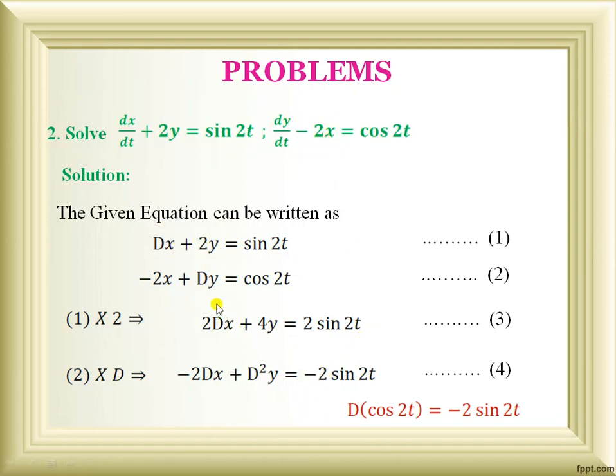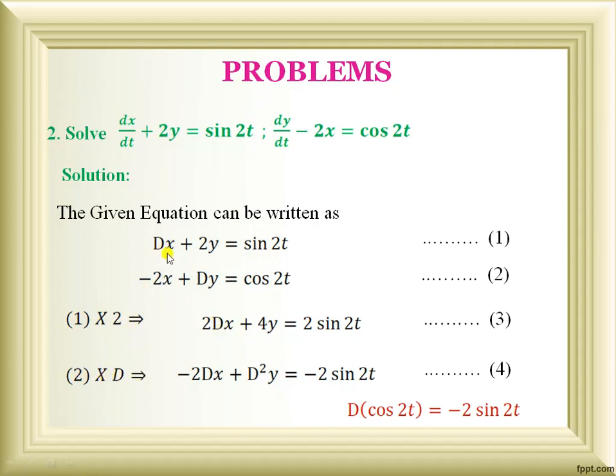To cancel out one of the dependent variables, look at the operator form. x has opposite signs, here positive, here negative. So it will be better to cancel x first. For that, in the first equation the x coefficient is D. In the second equation the x coefficient is 2. So I am going to multiply equation 1 by 2 and equation 2 by D.